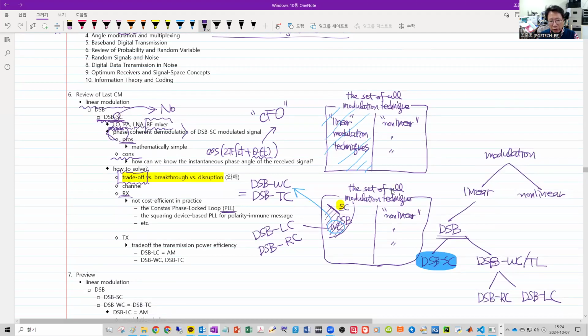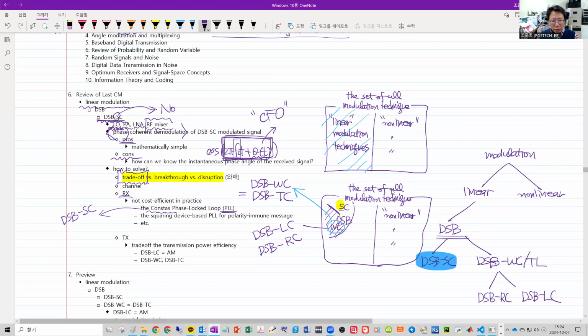One of the interesting phase-locked loops is the Costas phase-locked loop, which can not only find the frequency but, let me simply put, can almost robustly recover the instantaneous phase angle of the received signal if the signal is a double sideband suppressed carrier signal, or later it could be extended to double sideband with carrier.